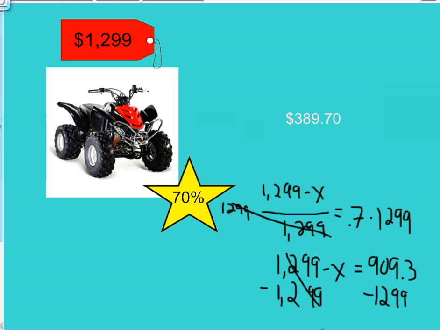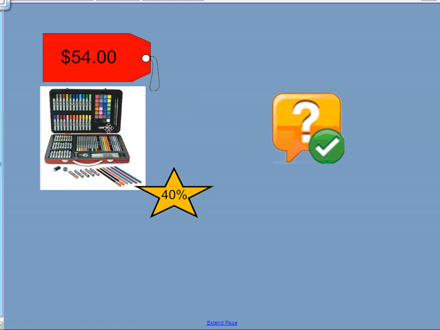Okay, so I'd like you to do that same type of problem in order to find out what the new price of this art kit is. The original price is $54. It's marked 40% off. Find out how much the sale price is in your WIS tonight.